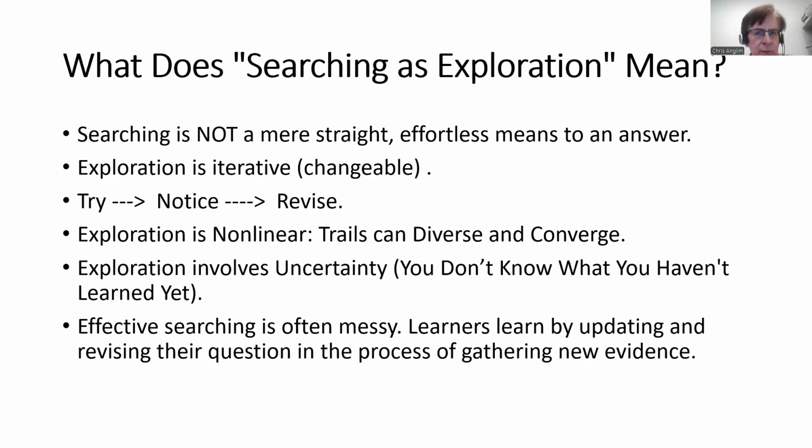The trails can both diverge and converge. Exploration involves uncertainty. You don't know what you haven't learned yet until you run into a situation where you need to learn about how to resolve a situation. So effective research often is kind of messy. Learners learn by updating and revising their question in the process of gathering new evidence as they move along in this process.